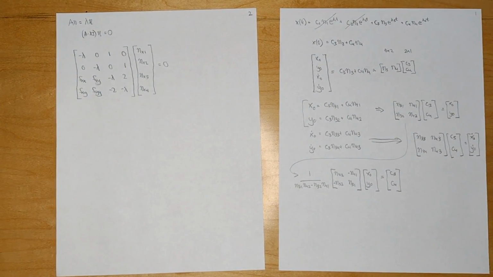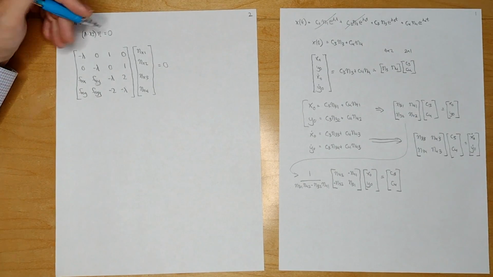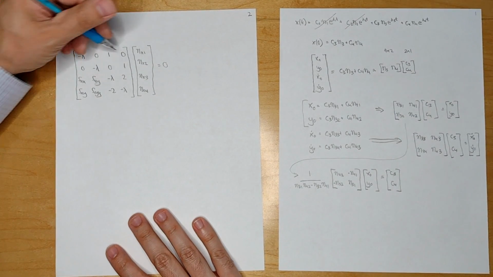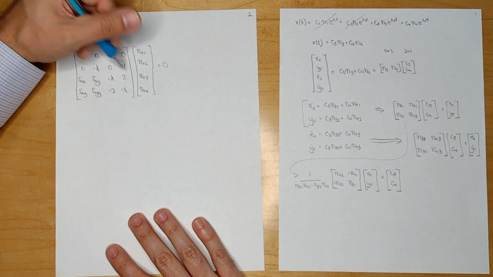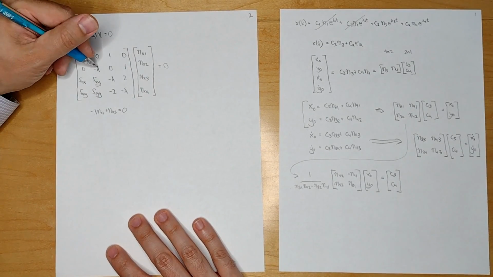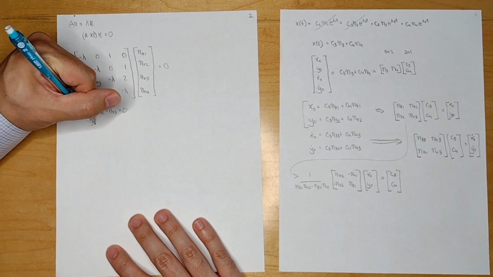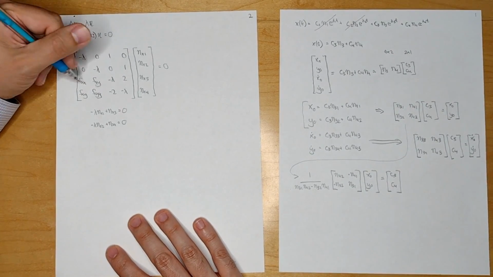Now we have a system of equations that we can solve symbolically. You can see that these are all fairly straightforward. So for example, the first equation shows us that negative lambda times eta x1 plus eta x3 is equal to 0. So let's go ahead and write that down. The second equation tells us something similar, negative lambda eta x2. And let's write down the last equation as well.